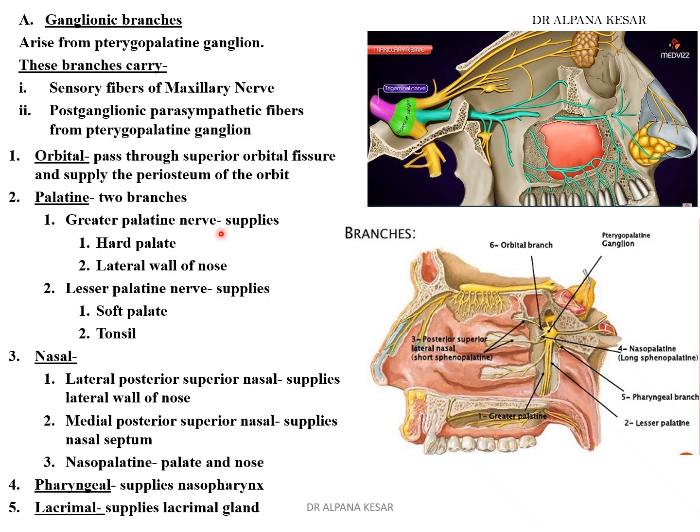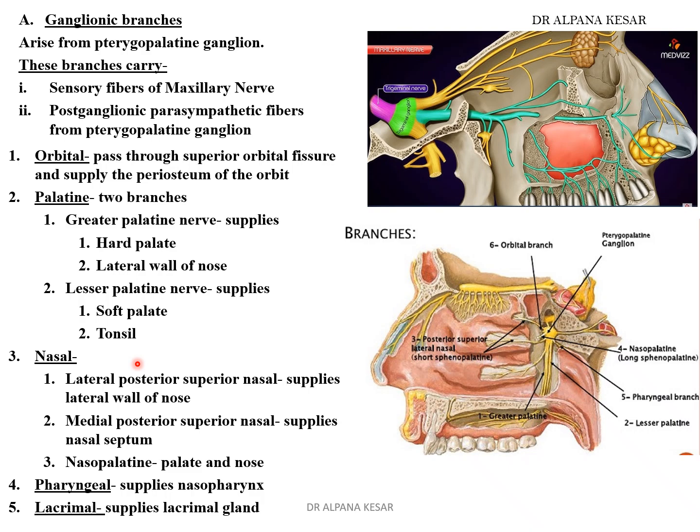Greater palatine nerve passes through the greater palatine foramen and supplies hard palate and the lateral wall of nose. The lesser palatine nerve passes through the lesser palatine foramen and supplies soft palate and tonsil. This is the greater palatine nerve and this is the lesser palatine nerve.